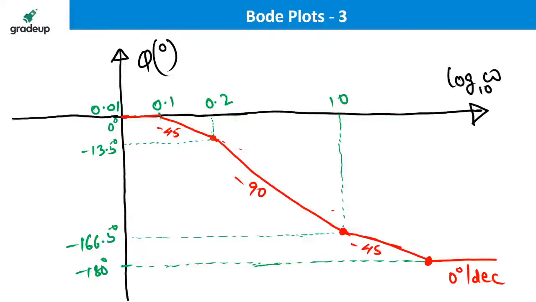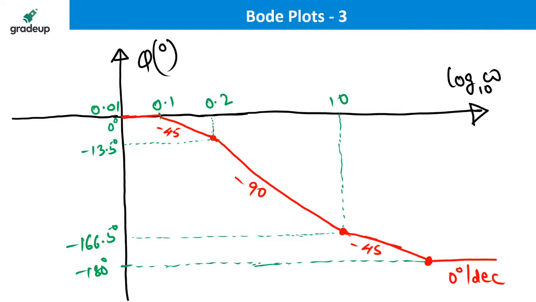And that completes my asymptotic phase plot for the given GSHS, which finally closes at minus 180 degree.